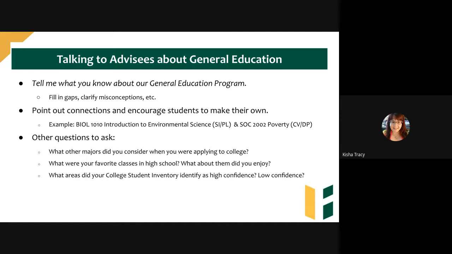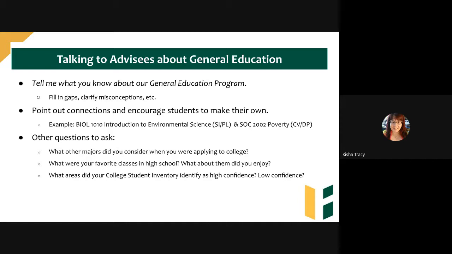And so for advisors to be able to make some of these connections and encourage students to do this as well, I have for you here several other questions that you might consider asking your advisees. So for example, what other majors did you consider when you were applying to college? This might help when we get to all of the different choices that students have within our general education program.